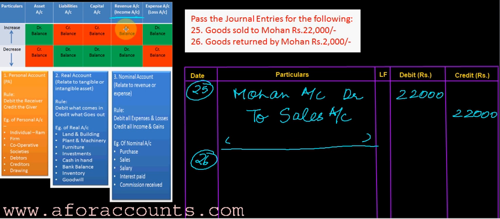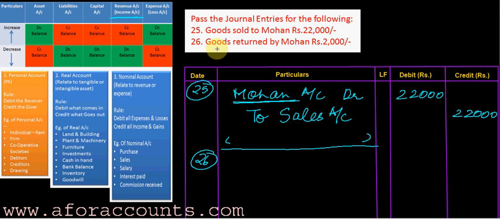Now Mohan is a debtor for us because he will have to pay me money. He is not paying it right now, so Mohan is a debtor. Debtor is always an asset, so I am debiting Mohan's account. The narration will be being goods sold to Mohan, and the amount is written here, 22,000.